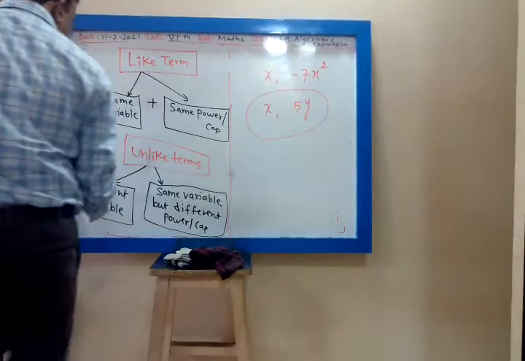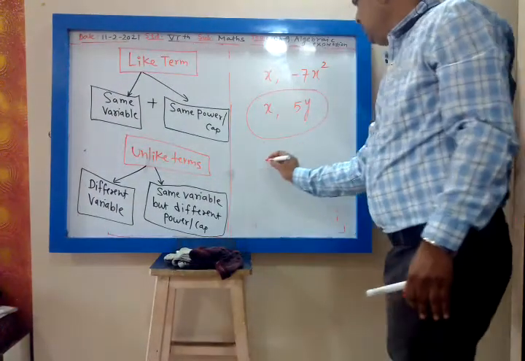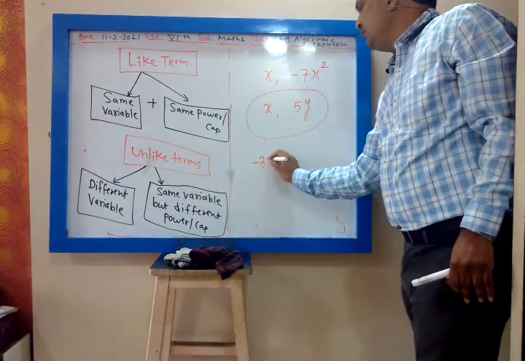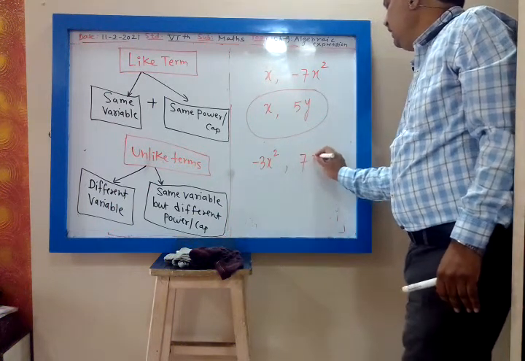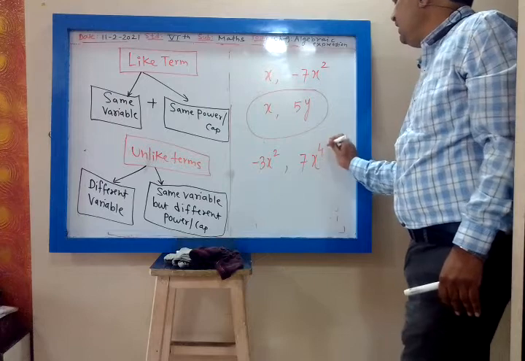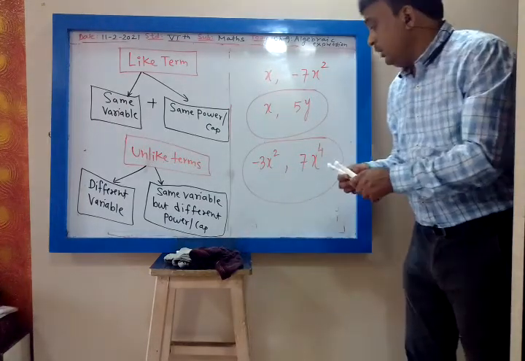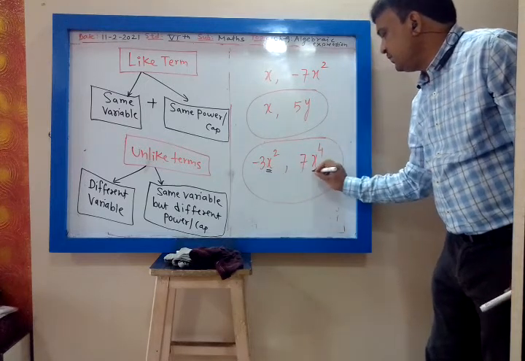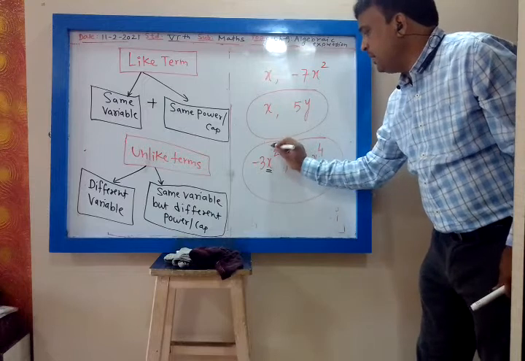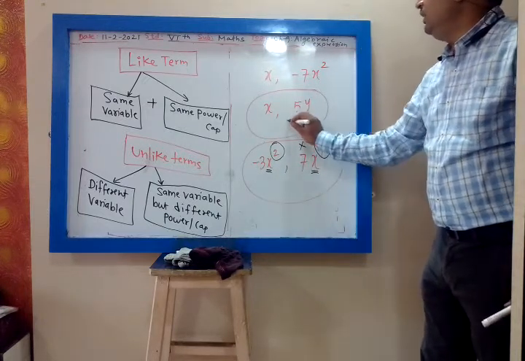Then minus 3x square and 7x raised to 4: unlike terms, because the variables are the same, but the power is 2 and the power is 4.